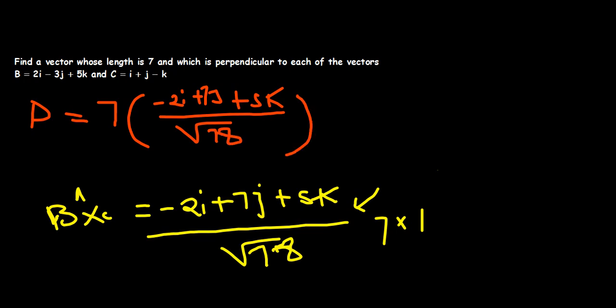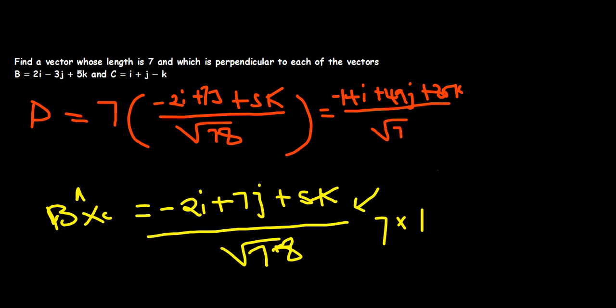You can choose to expand that 7 into whatever we have on top, so it will be minus 14i, 7 multiplied by 7 will be 49j, and then plus 7 multiplied by 5, you're going to get 35k, and then you divide all that by the root of 78.